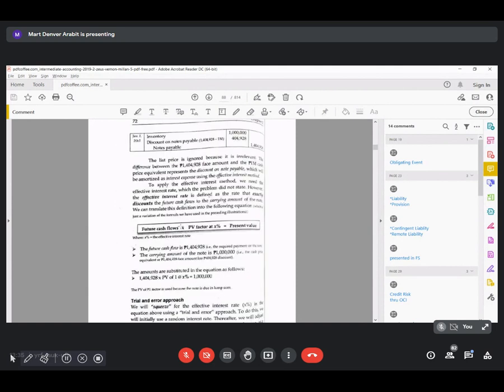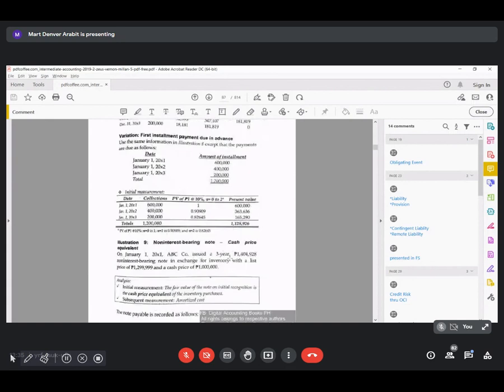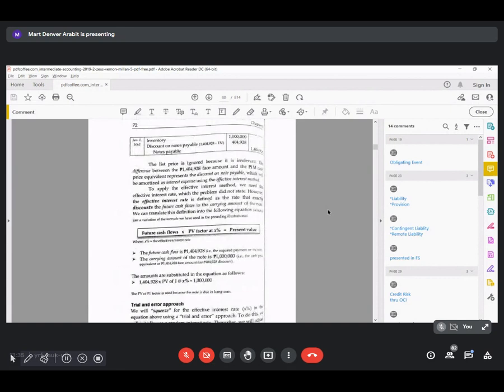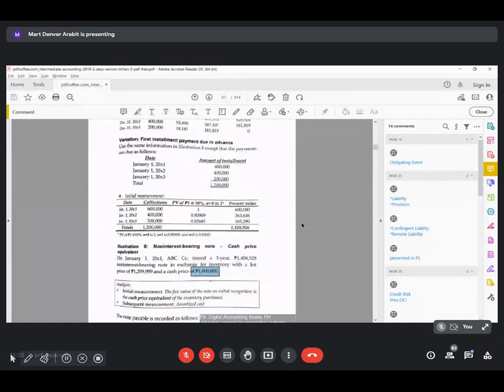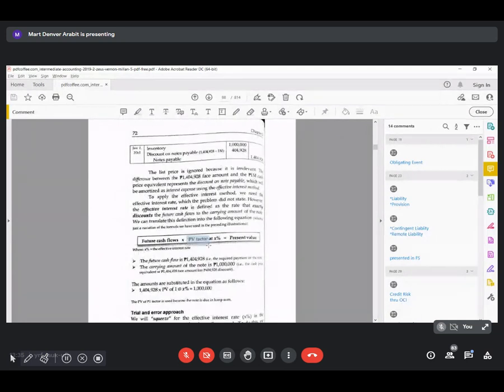So, future cash flows multiplied by PV factor is equal to present value, in which ang ginamit natin na present value is yung cash price ng inventory kasi available siya based dito sa ating example. But remember, sa mga previous na example natin, hindi available yung cash price. That's why nag-compute tayo ng present value factor since given naman yung future cash flows, which is ito yung 1 million payable in 3 years with semi-annual payments.